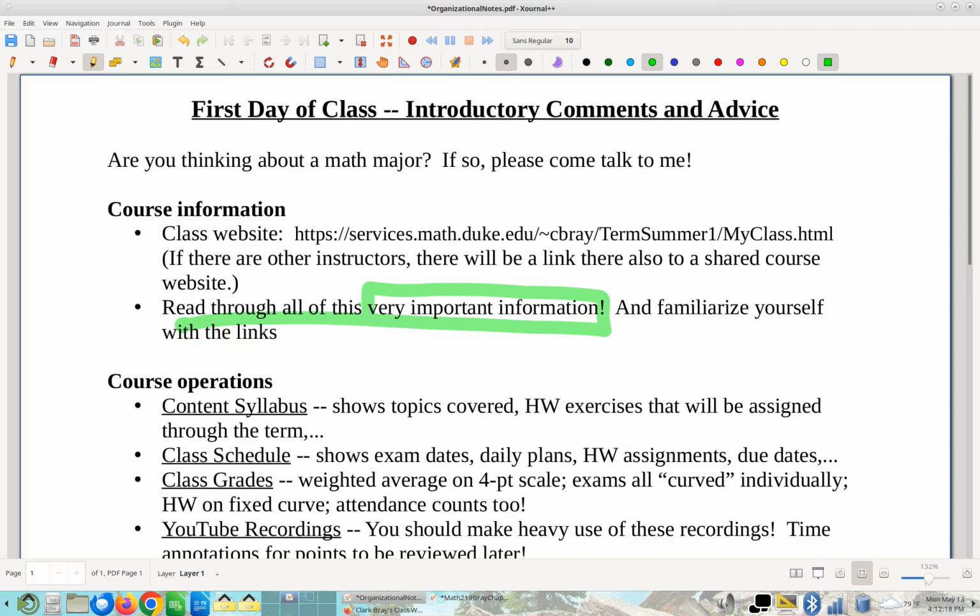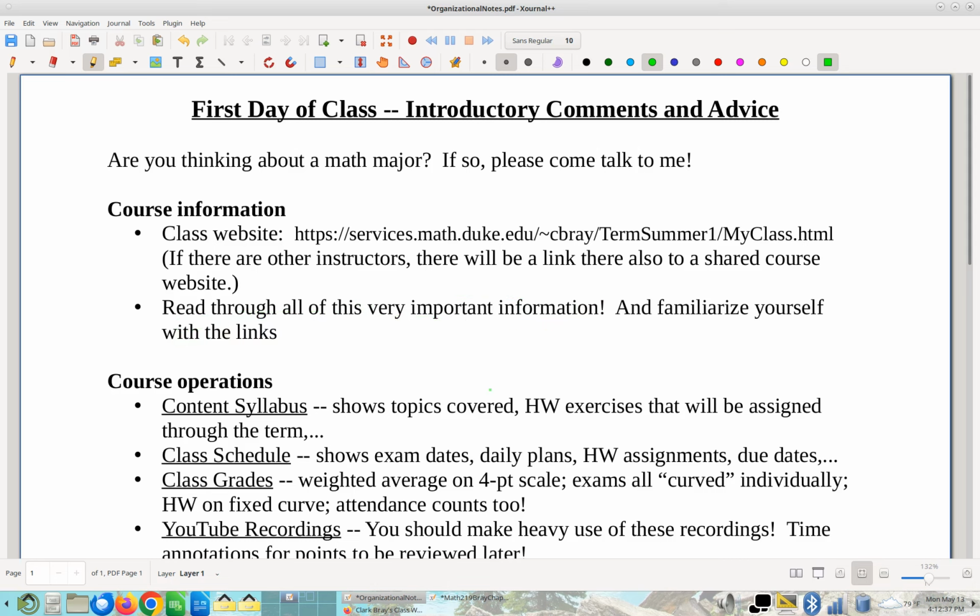Please consider that to be your first assignment in this course: to read that website and all the links attached to it.